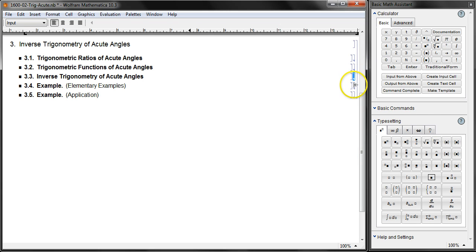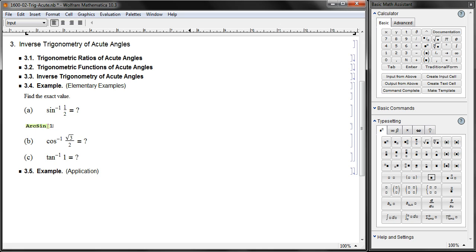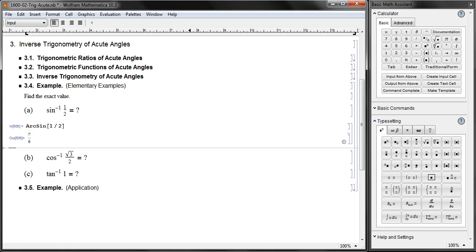Okay, let's begin some examples. Find the exact value: arc sine of 1/2. Just use your calculator, and then you have pi over 6. Of course, there is a better way, and the better way is to draw the 1, square root of 3, 2 triangle.